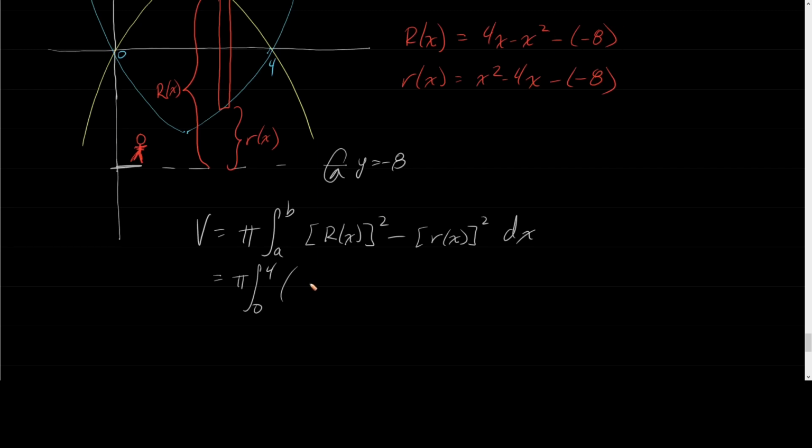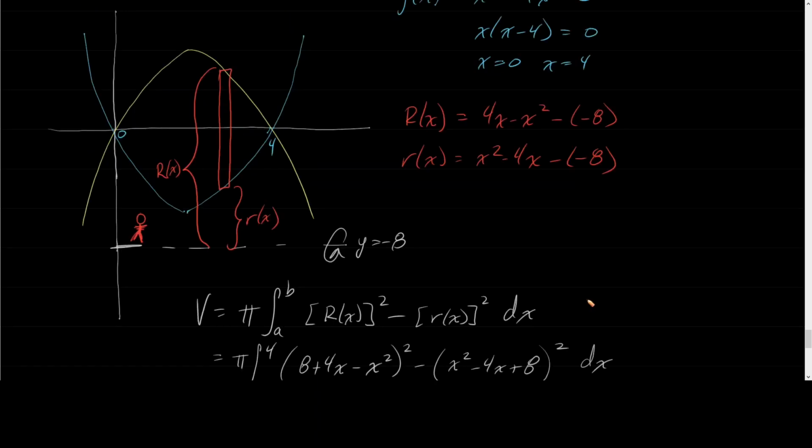I'm going to write it as 8 plus 4x minus x squared, squared again, minus the little r. So I'm going to write that now as x squared minus 4x, but now we've got plus 8. And then this is also squared dx. All right? So that's the setup right there.